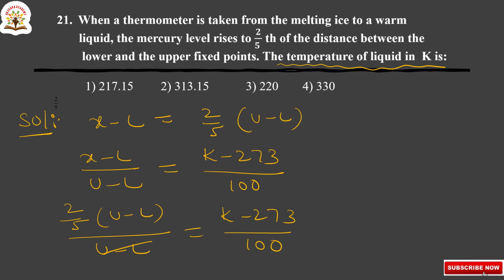U minus L gets cancelled. 2 by 5 is equals to K minus, here you can write as 273.15, so K minus 273.15 by 100.